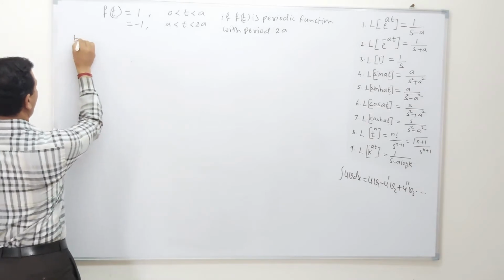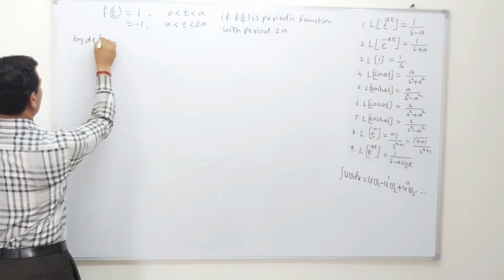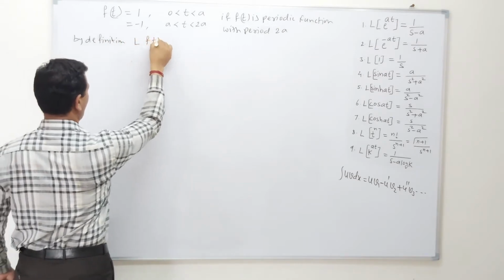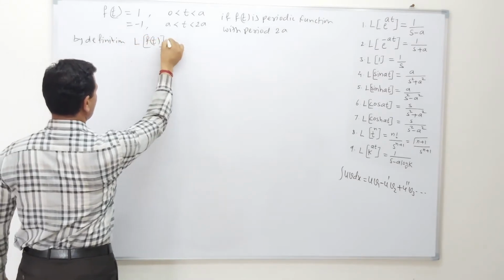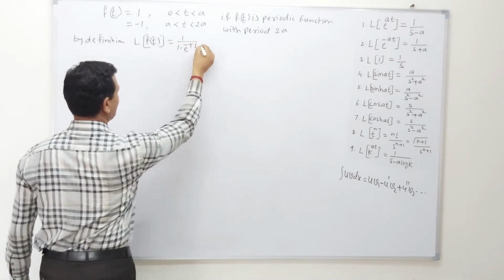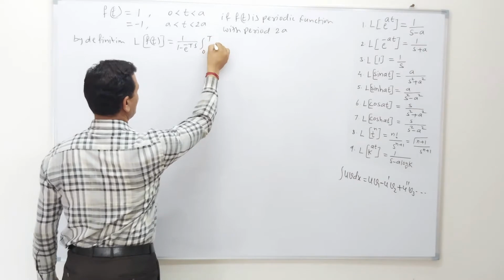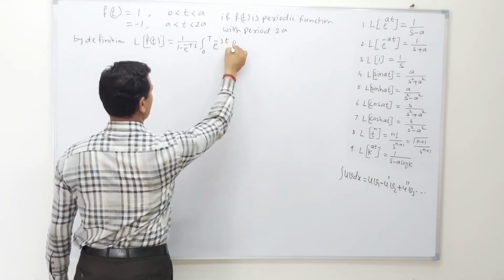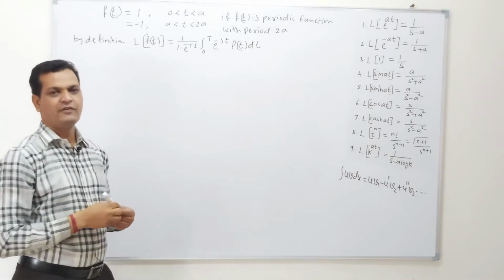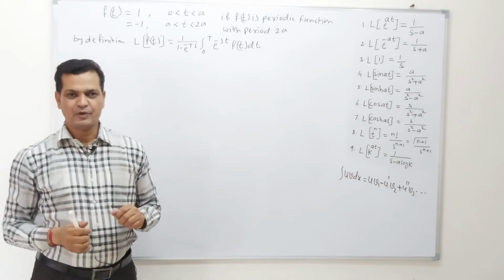So by definition, the Laplace transformation of f of t is equal to 1 upon 1 minus e raised to minus Ts, integration 0 to T of e raised to minus st f of t dt. So this is the definition of the Laplace transformation of a periodic function.